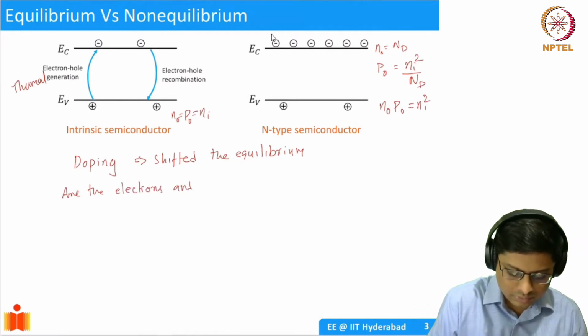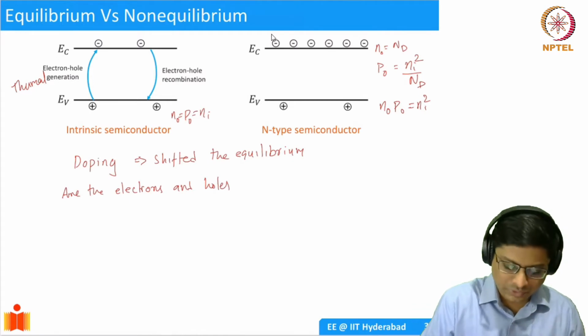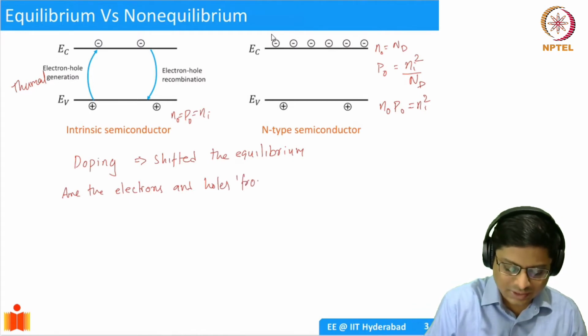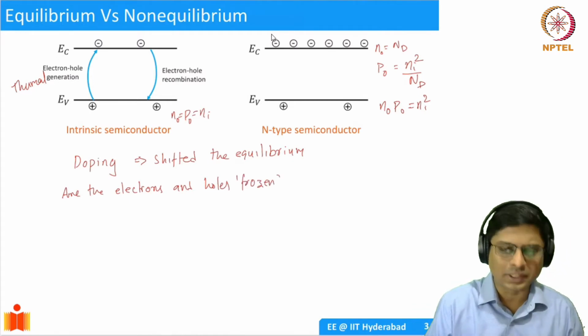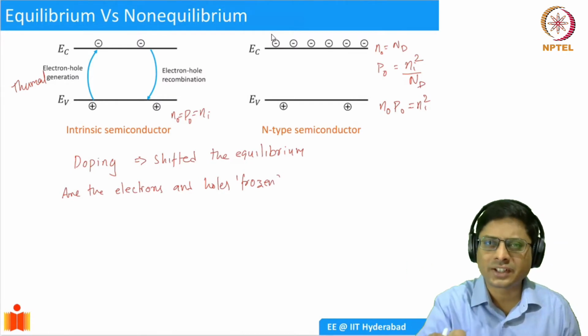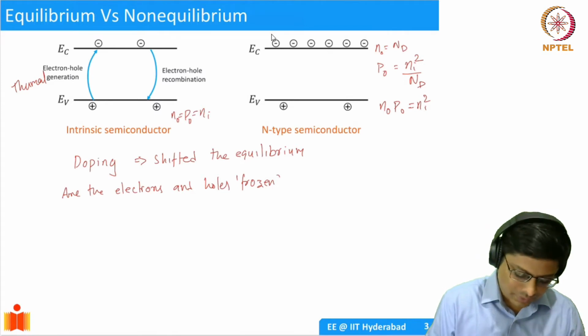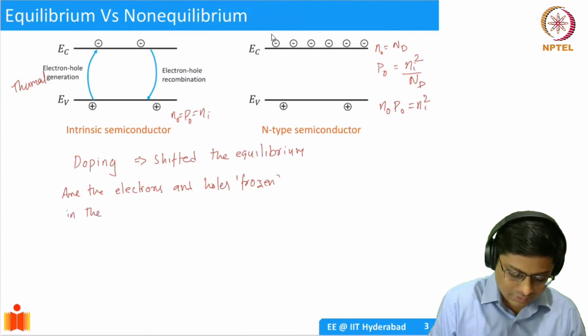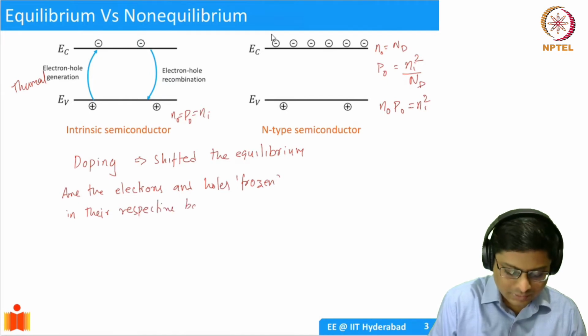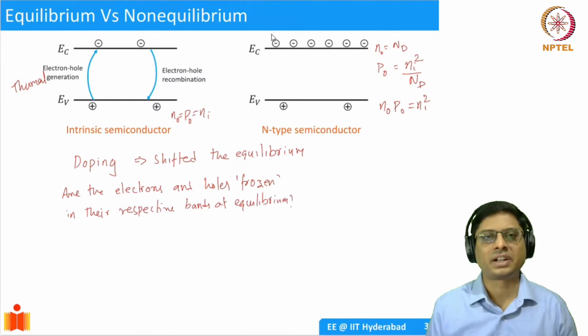So essentially, if you are able to identify a particular electron, will it always stay in the conduction band? A particular hole, will it always stay in the valence band? Okay, so are they frozen in their respective bands at equilibrium? That's a question we ask.